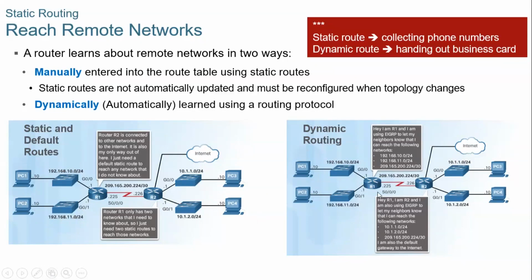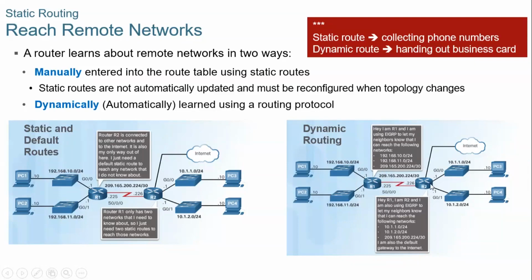In dynamic routing, rather than go find the remote networks, you tell your neighbor what networks you know. You see here, R1 says to R2, look, I know about 192.168.10.0, I know about 192.168.11.0, and I know about 209.165.200.224.